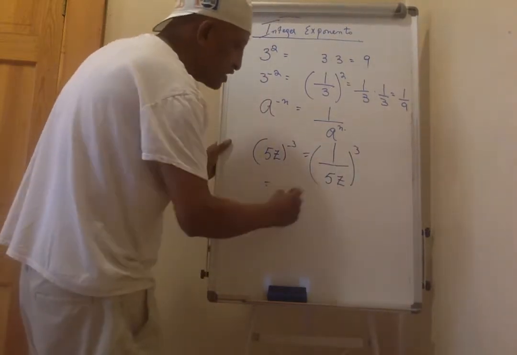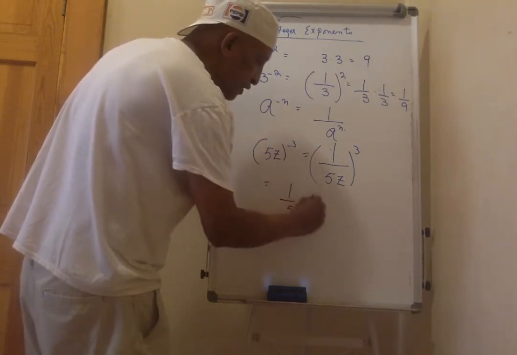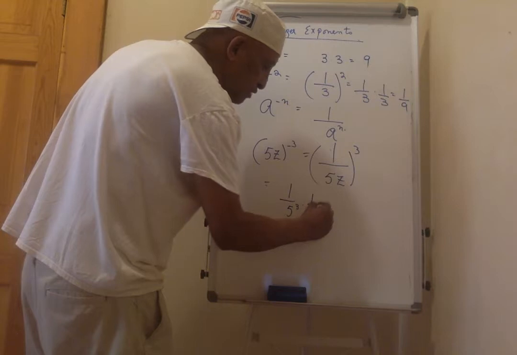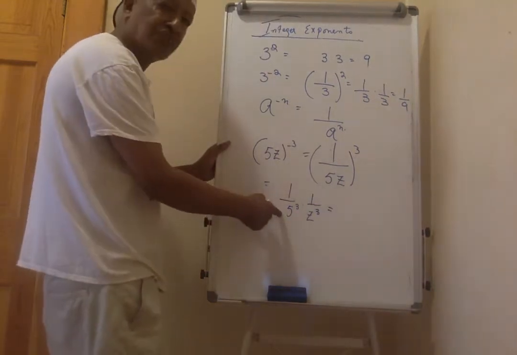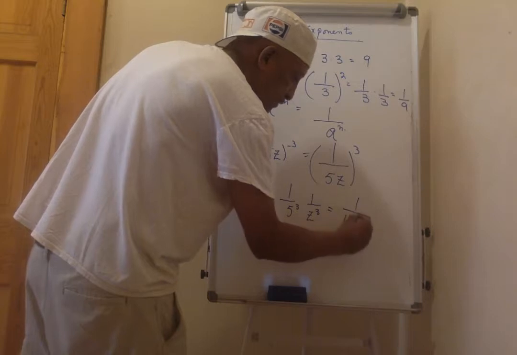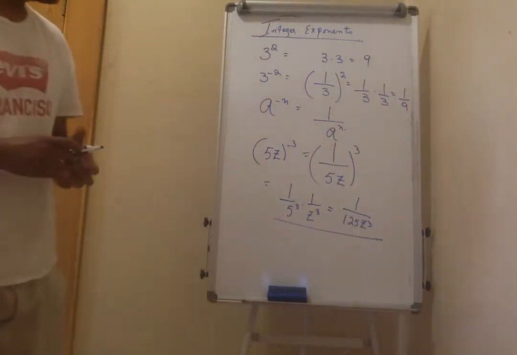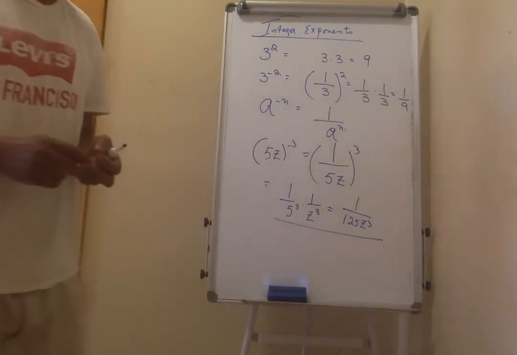This means then we can distribute that: 1 over 5 to the third times 1 over z to the third. You can find 5 to the third, which is 1 over 125 z to the third. Okay, so that takes care of the negative exponents.